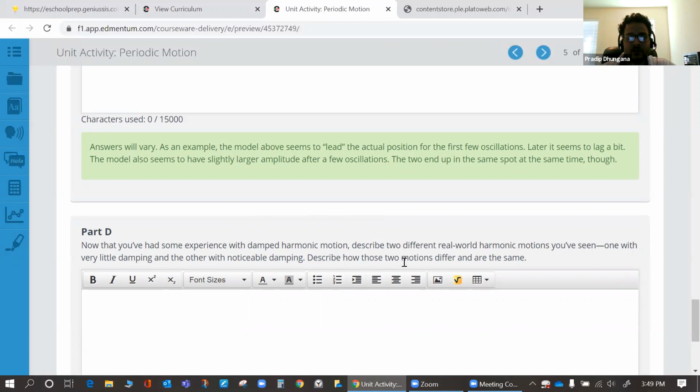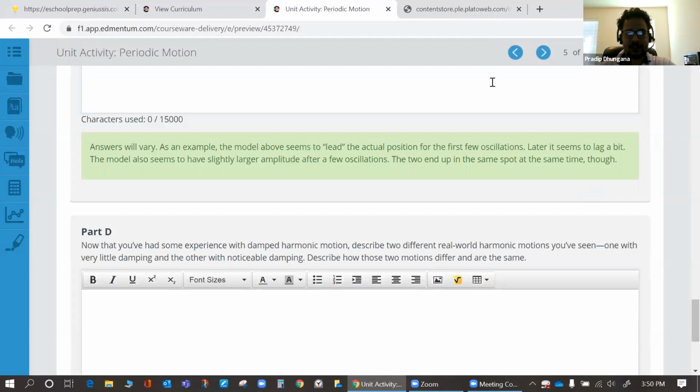Describe how those two motions differ and how they are the same. Think about one with very little damping. That means its amplitude over a period of time does not decrease that much. Another one, its amplitude over a period of time decreases more.